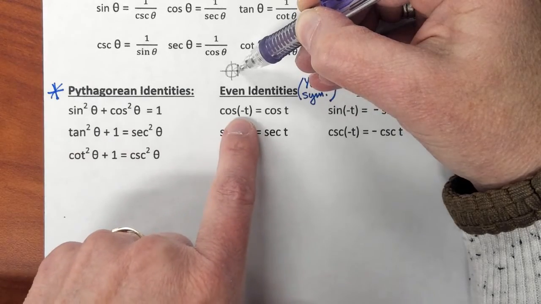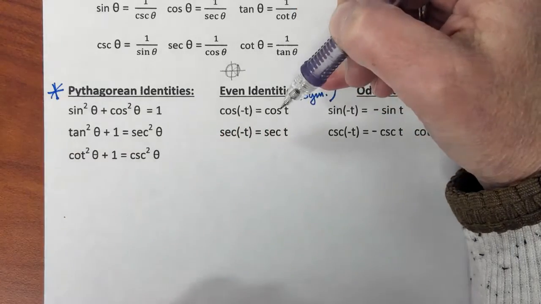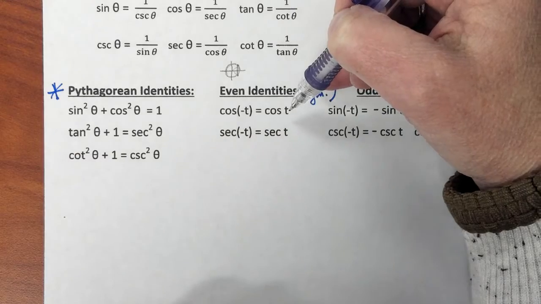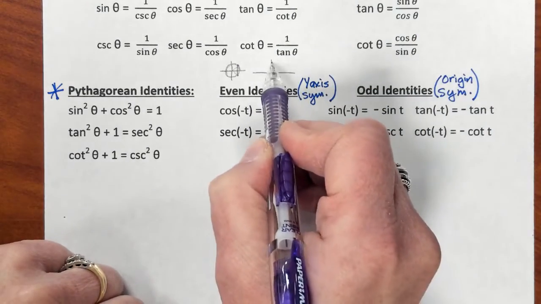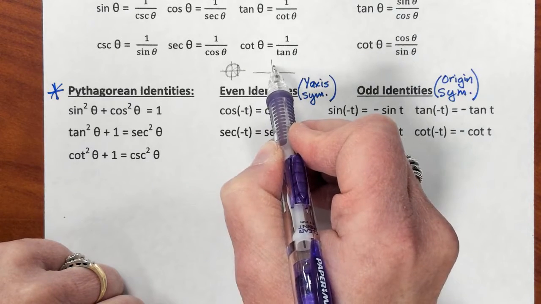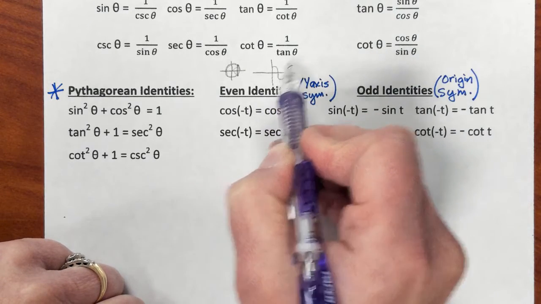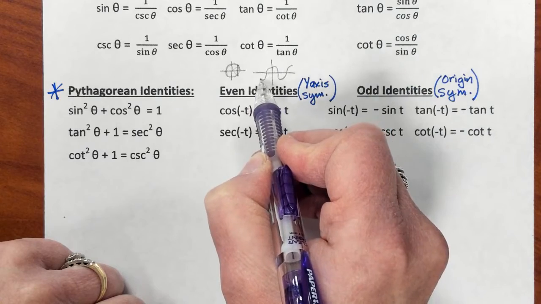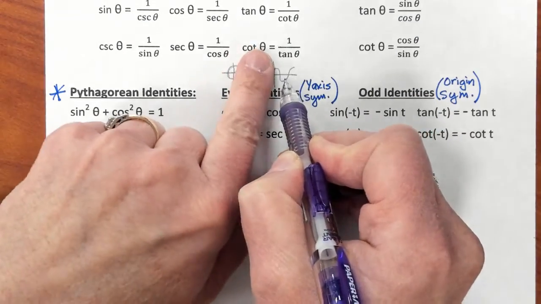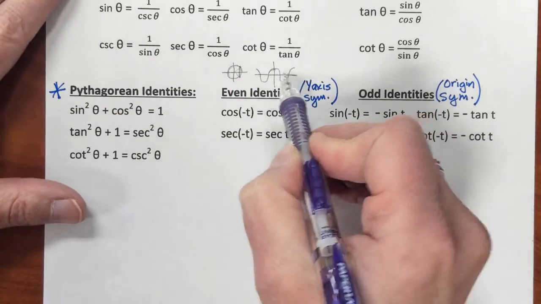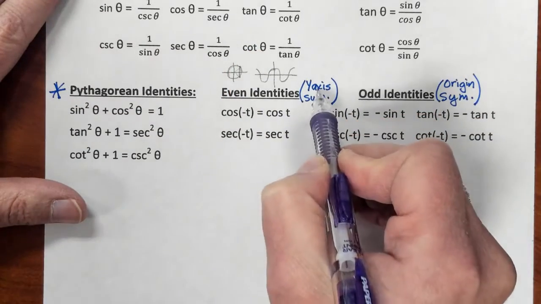So here it has a t instead of a theta. It's the same thing. So we also remember from your favorite unit when we did graphing. I know I'm being facetious. You didn't like that unit. But remember, this is a cosine graph. That cosine graph is symmetrical to the y-axis.